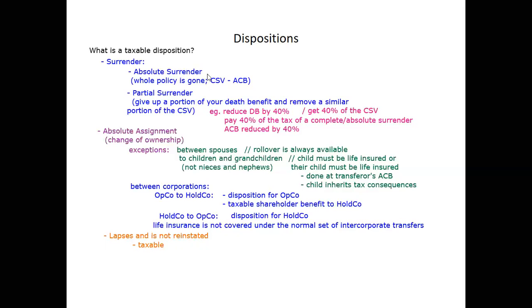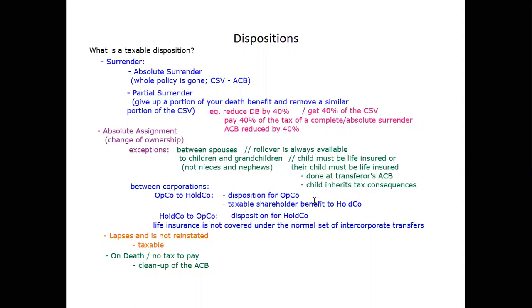And then we also bump into a taxable disposition on death. There's no tax to pay unless you have a non-exempt policy, but the thing to consider here is that it's basically a cleanup of the ACB.